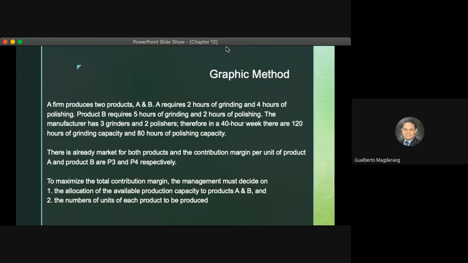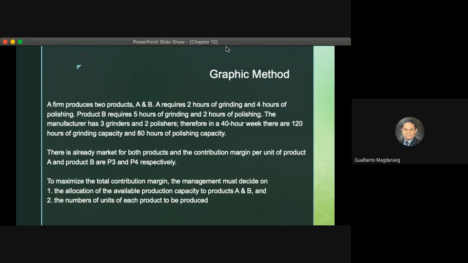Okay, since product A requires 2 hours of grinding and 4 hours of polishing, while product B requires 5 hours of grinding and 2 hours of polishing, we need to determine how many units of A and B we need to produce, and that unit will be within the capacity of the grinders and the polishers, and that is 120 and 80.